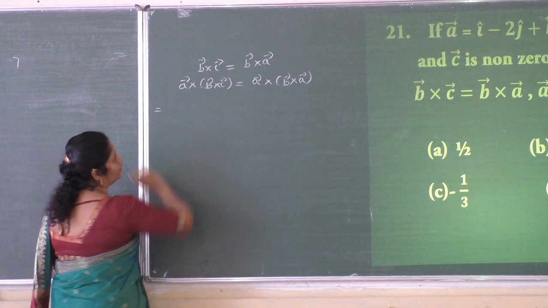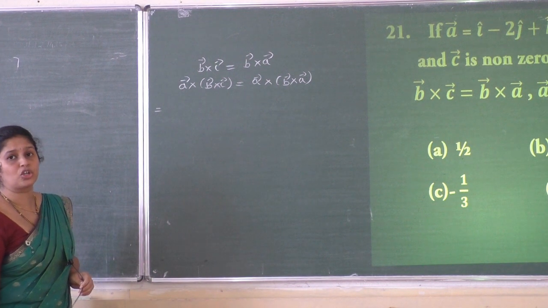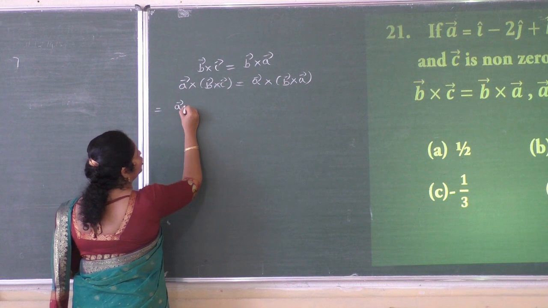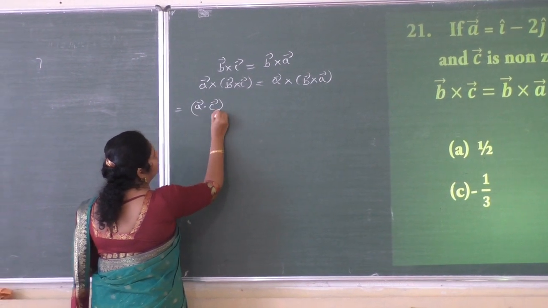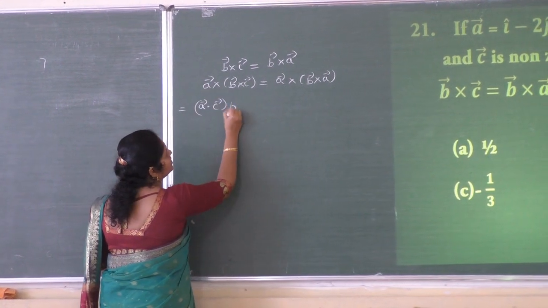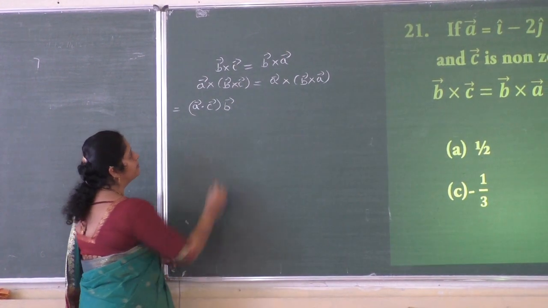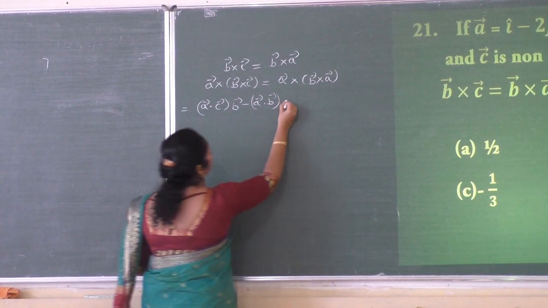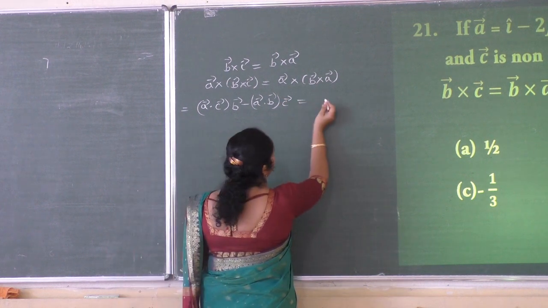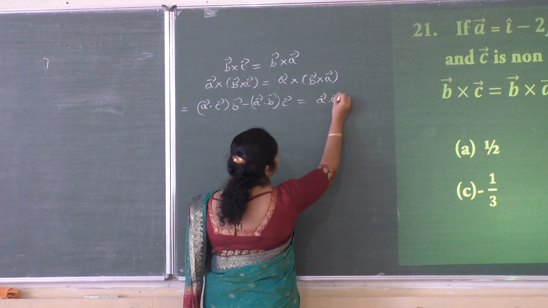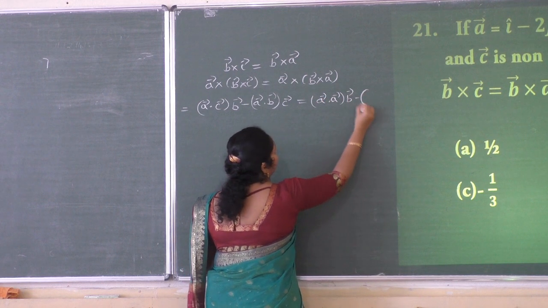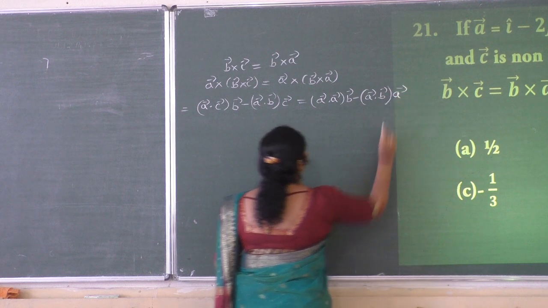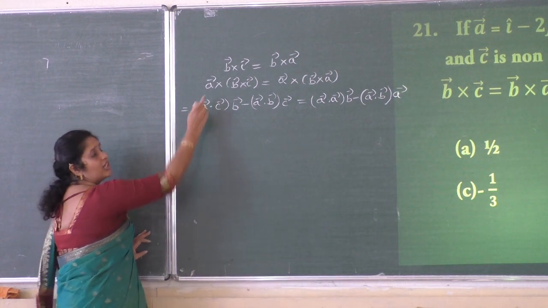By the definition of the vector triple product, that is vector A dot vector C into vector B minus vector A dot vector B into vector C, and the right side is vector A dot vector A into vector B minus vector A dot vector B into vector A.